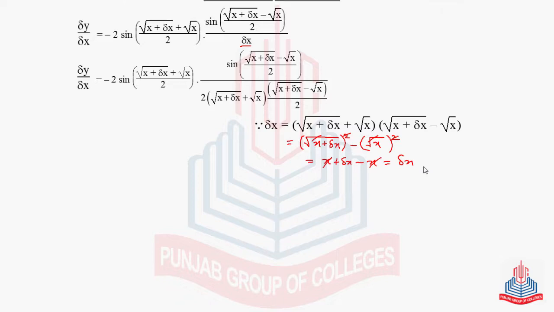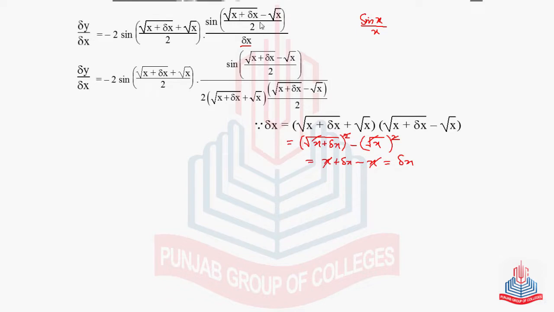Now we replace this delta x by this whole expression. So actually we have to use this result by completing the formula sine x dividing by x, and here we have square root of x plus delta x minus square root of x dividing by 2.